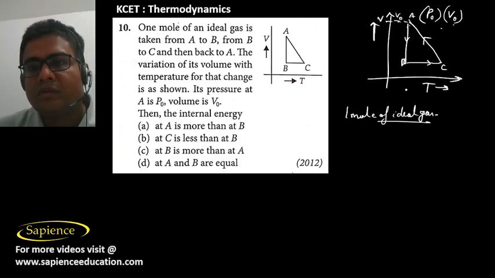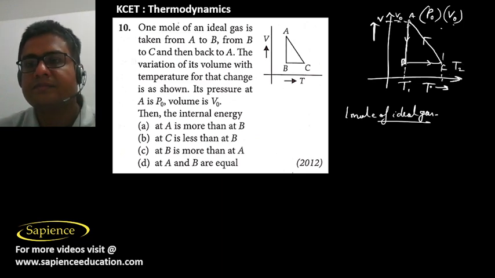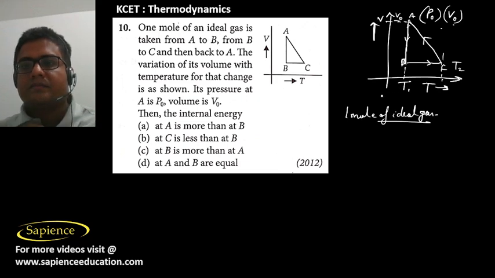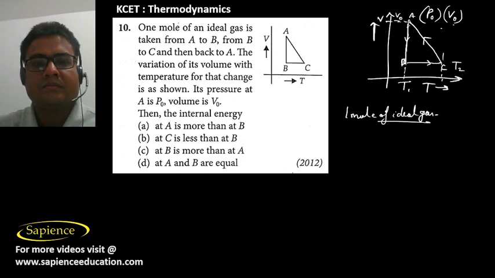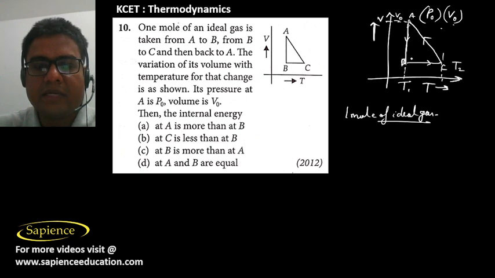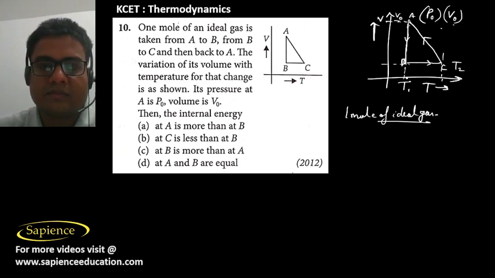So this is P naught, V naught. At the points A and B, the temperature is the same. Suppose this is T1, and the temperature at C is T2. So the internal energies at A and B are equal, since both points are at the same temperature.